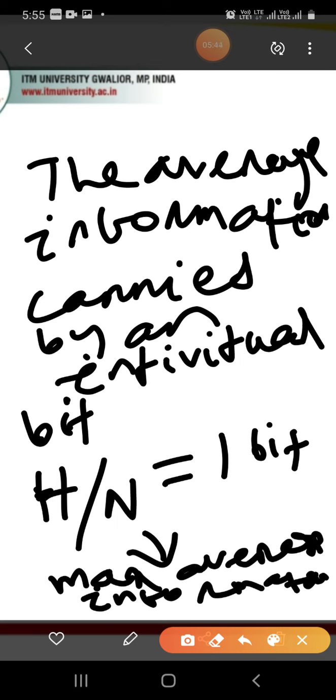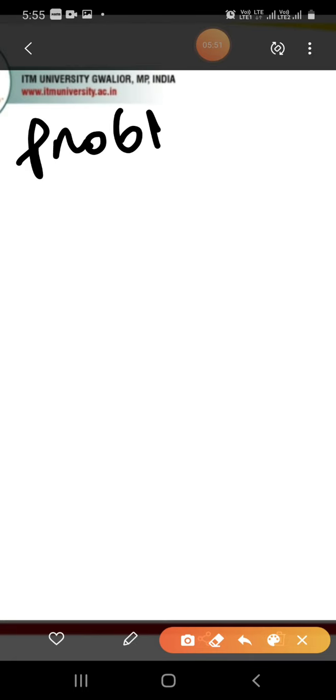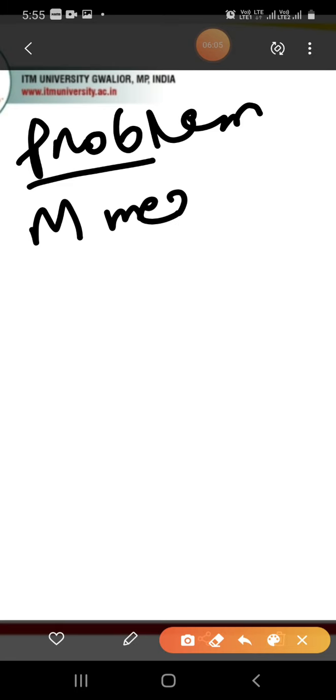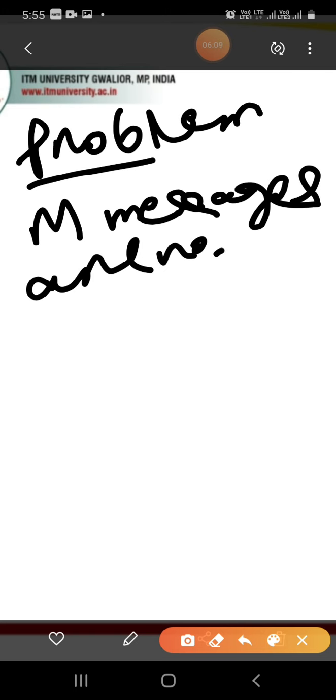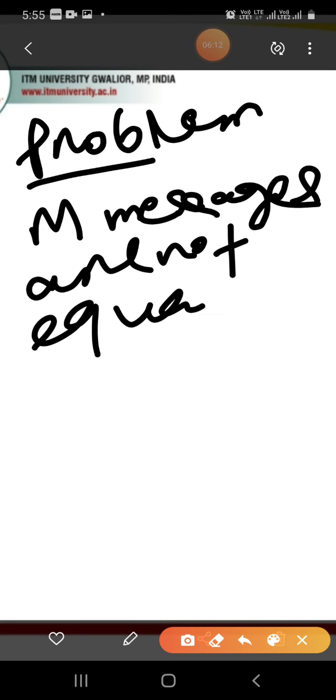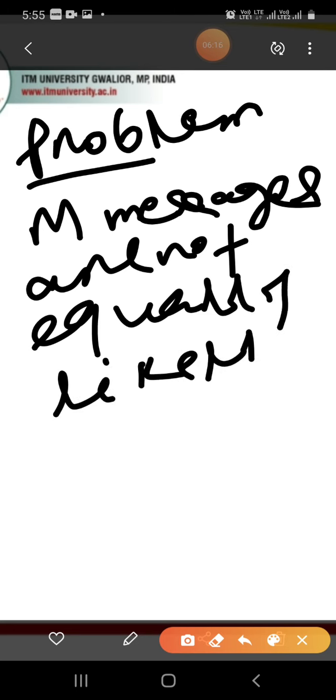Now coming to the problem. The problem arises when the M messages are not equally likely. Clear?